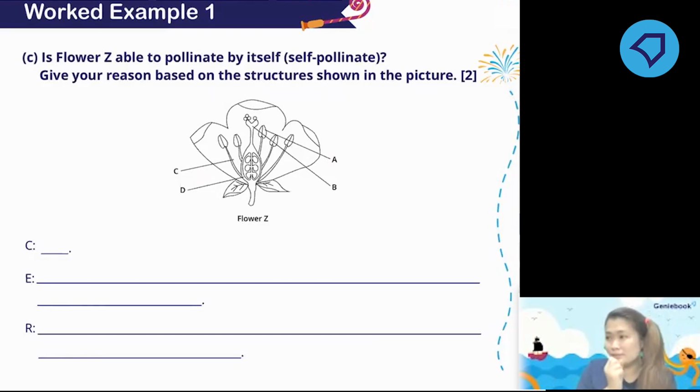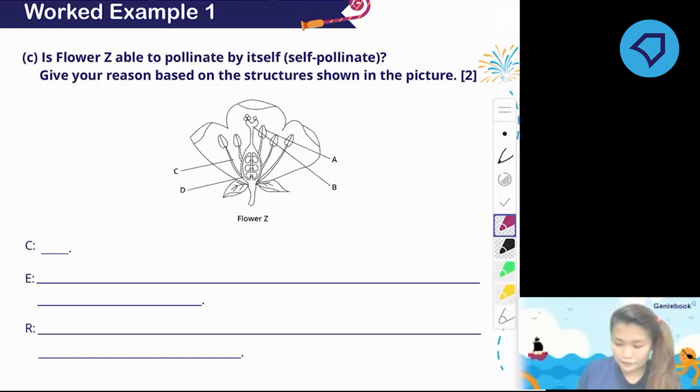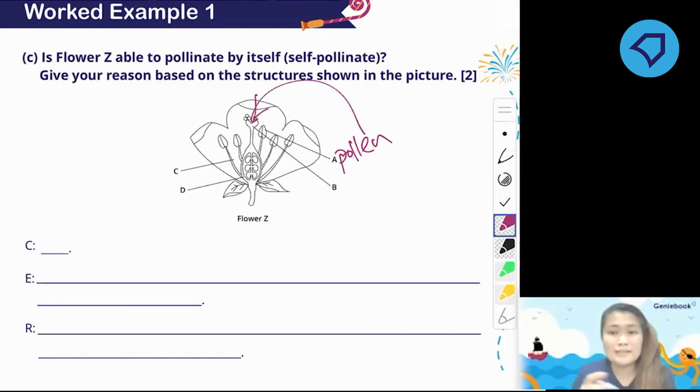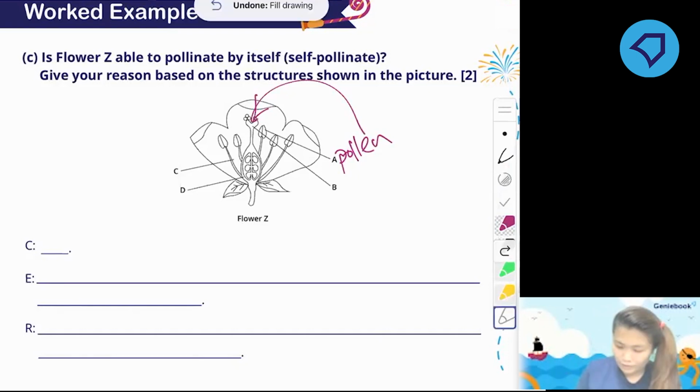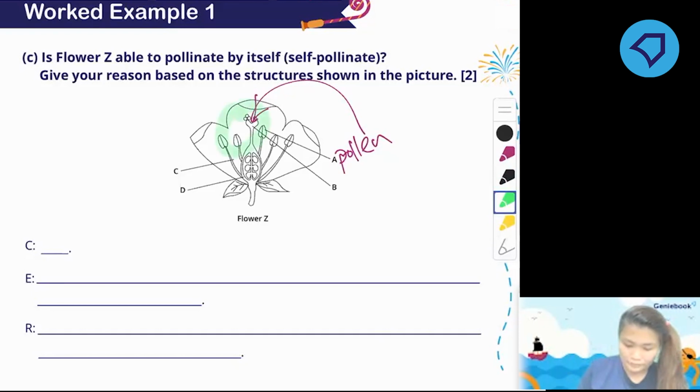Okay, so in this case, in order for the pollen to move to the stigma, you want the pollen to go to the stigma. Is it possible? Look at something very important here: the height difference.